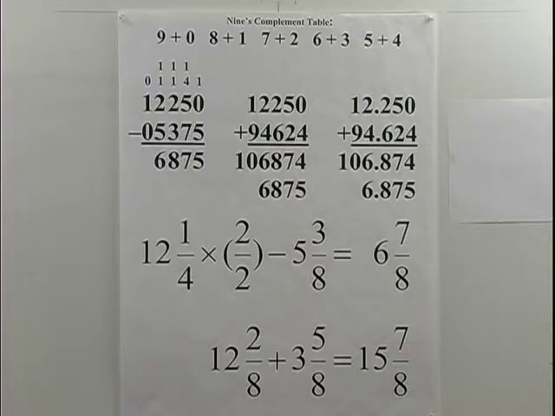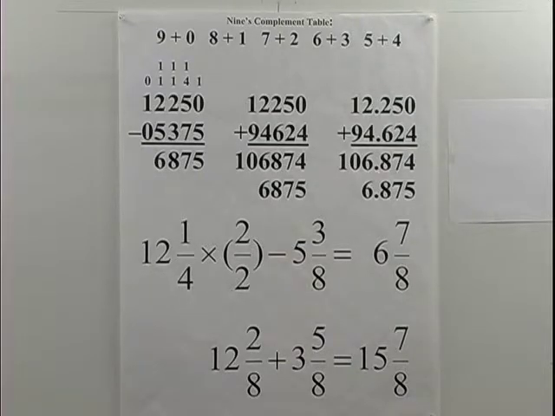Does the nines complement procedure work for decimal fractions? What if I put a decimal point there, there, and there? I'll write the minuend again, this time 12.250. Then I'll take the subtrahend and write the nines complement of it. So it'll be 9.4 decimal point 624. Then I will add it to the minuend.